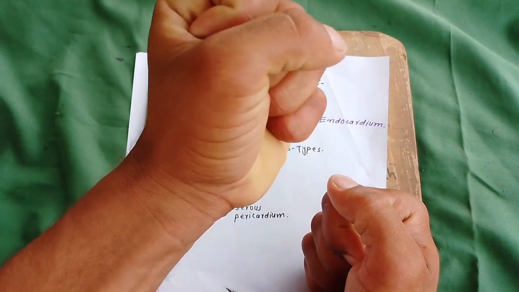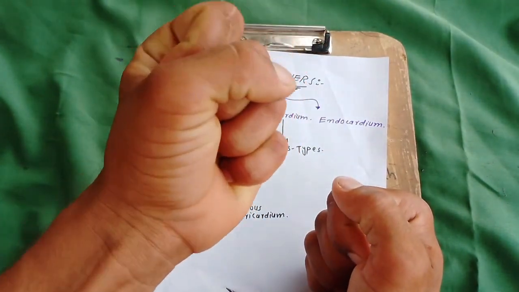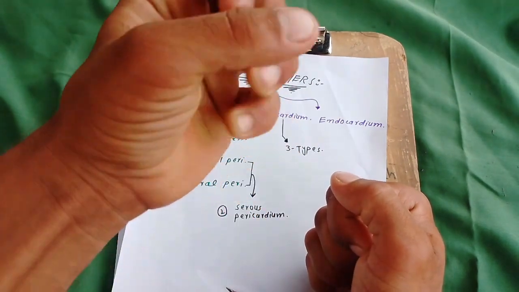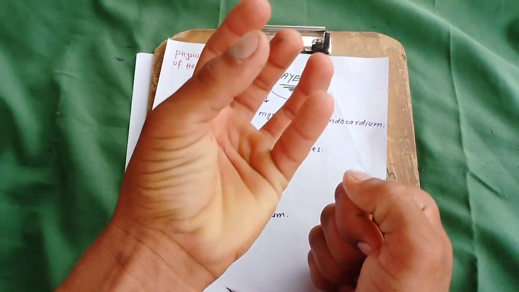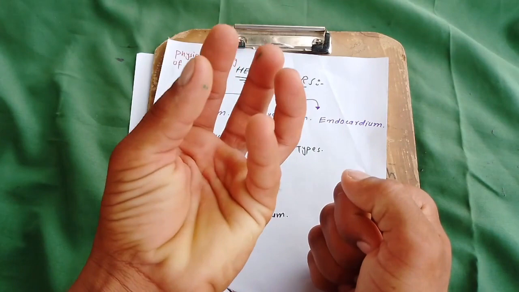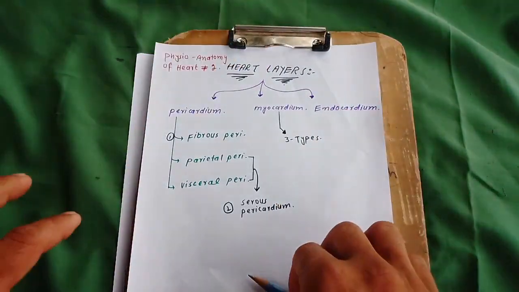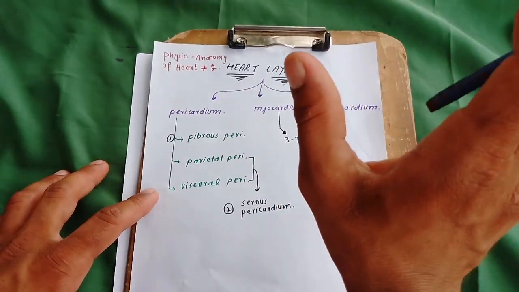Because of the full contraction and full relaxation of the myocardial muscle, the heart needs to be protected by some fibrous layer, by some pericardial layer. I will discuss these layers in this class. The heart consists mainly of 3 layers.